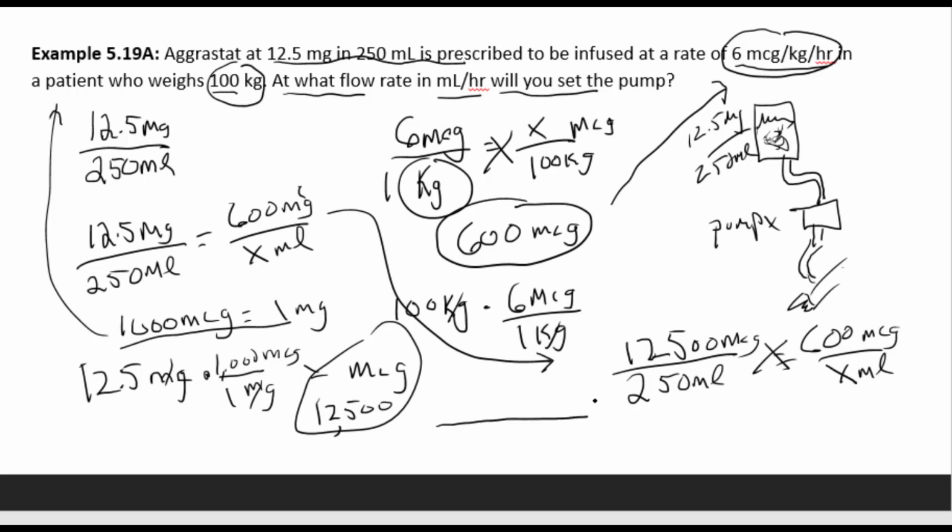I'll give you a minute here and see if you come up with the same answer that I do. And if you got 12, what though? Milliliters. So that's the flow rate that you would set the pump at, 12 milliliters per hour.